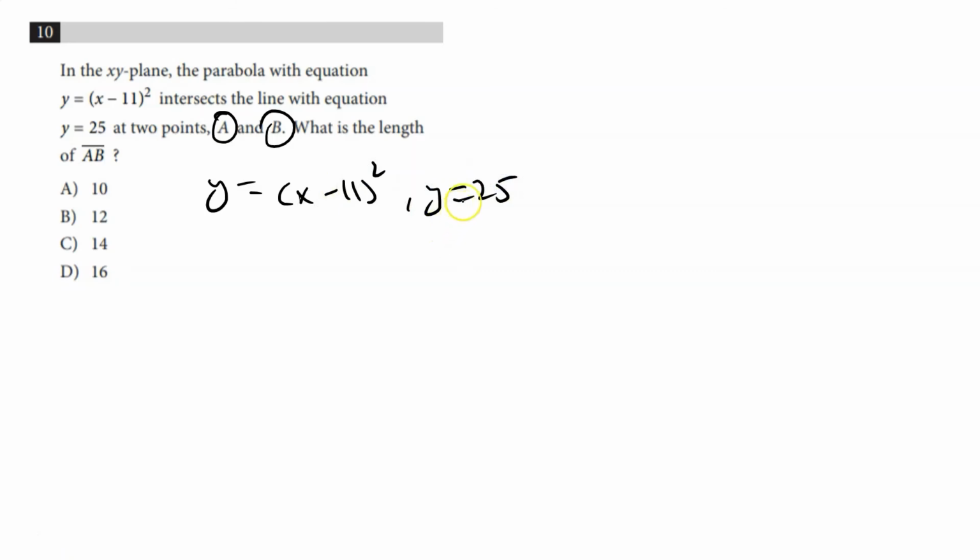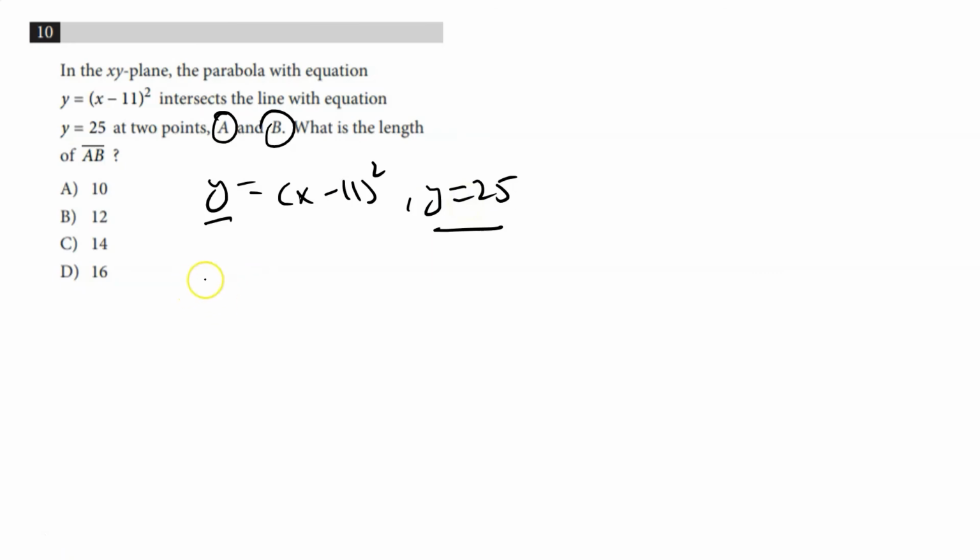We want to find the intersection between the two. If we want to do that, we can substitute in 25 for y, because y equals this quadratic quantity here, but we also have that y equals this constant, this number. And if y equals this and y equals that, that means we can set these two equal to each other to find their intersection points.